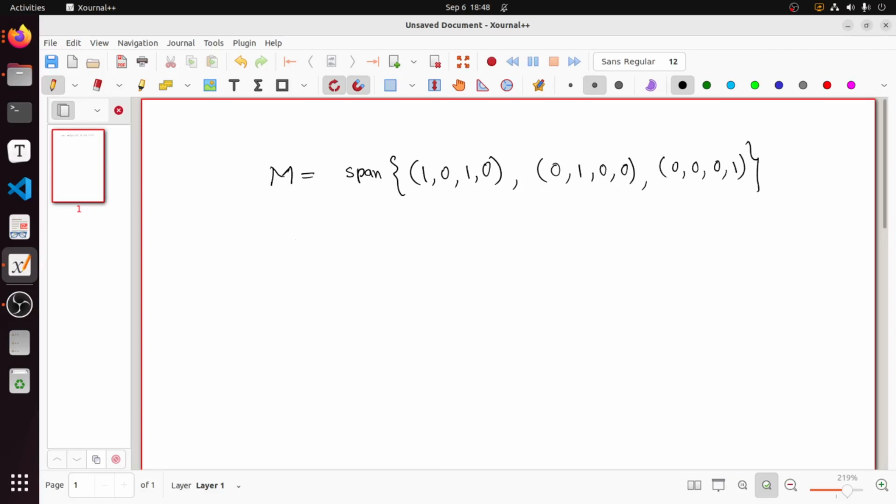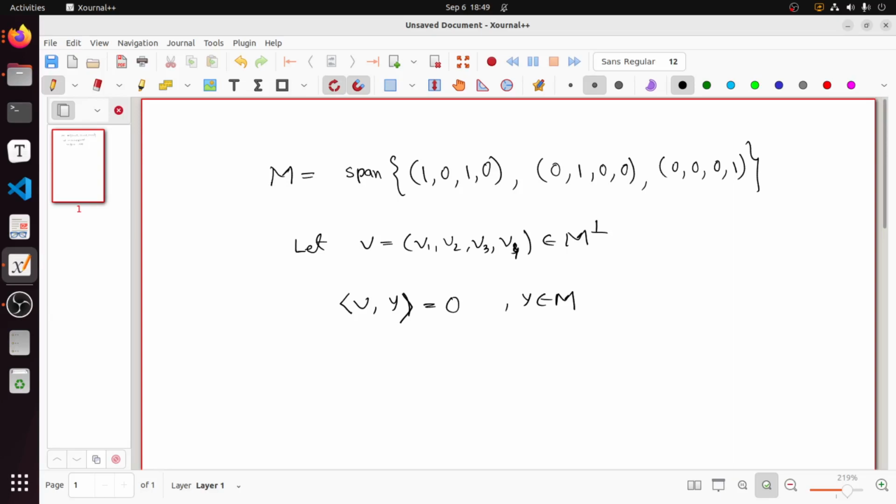So suppose B equals b1 b2 b3 and b4, which belongs to M perp. Then by the definition, B inner product any element y should be 0 for y in M, right? And because M is the span of these 3 elements, just test it with these 3 elements.